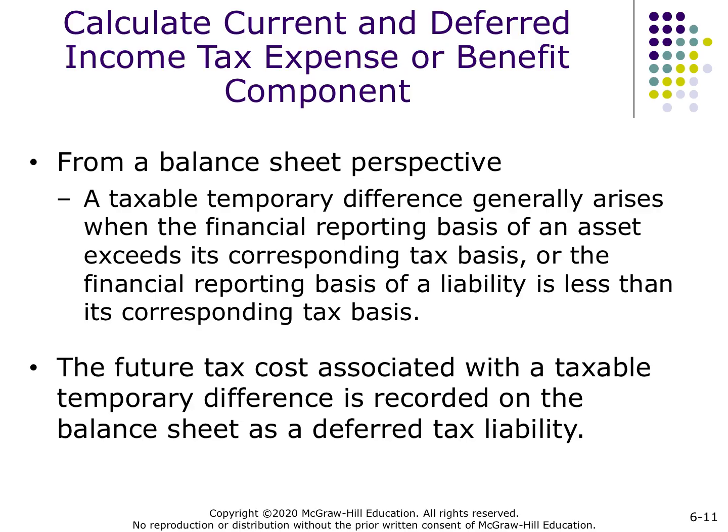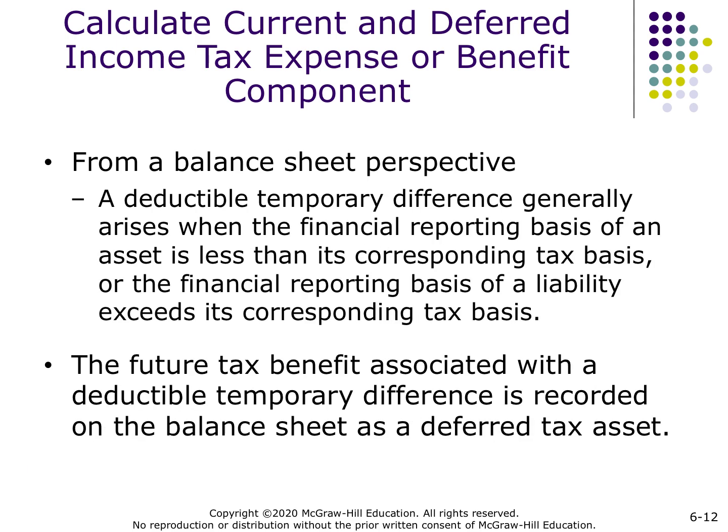And then if there is a future tax cost, that is going to give rise to a deferred tax liability. All right, alternately, if there's a future tax benefit, that is going to be a deferred tax asset.